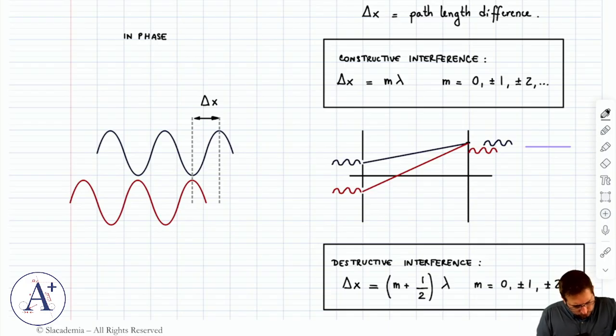Now, we are going to go in the following order. We are going to go from the situation where we can fully compute delta x on our own and it is expected that we do so. That's thin film interference. Then we're going to move on to double slit interference, for which we have a few assumptions that underpin how we compute the path length difference, but we're still able to compute it.